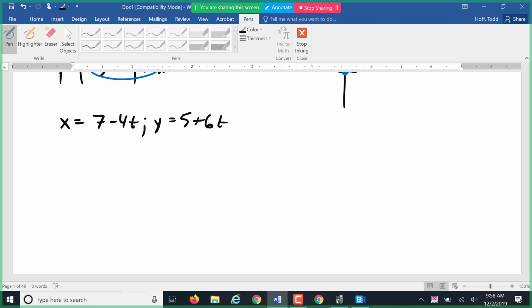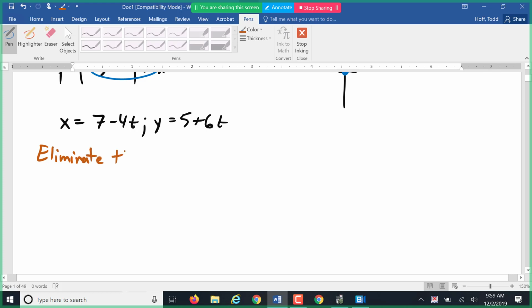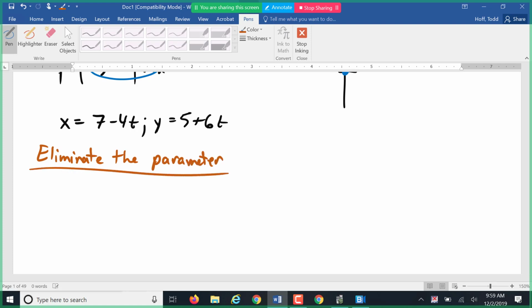And I can convert this into a standard equation. In other words, it's called eliminating the parameter. In many cases, by quite simply solving one of them for t.